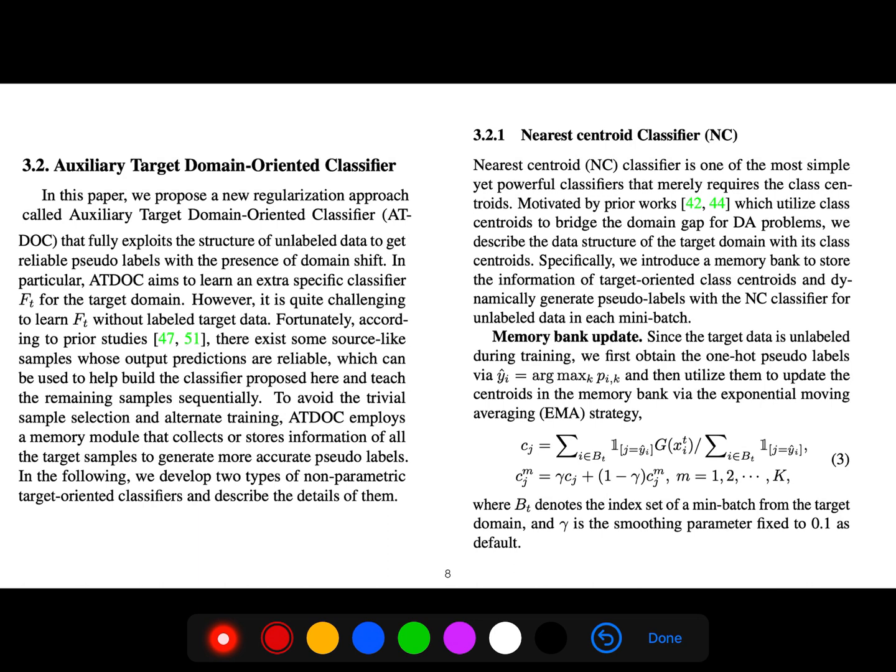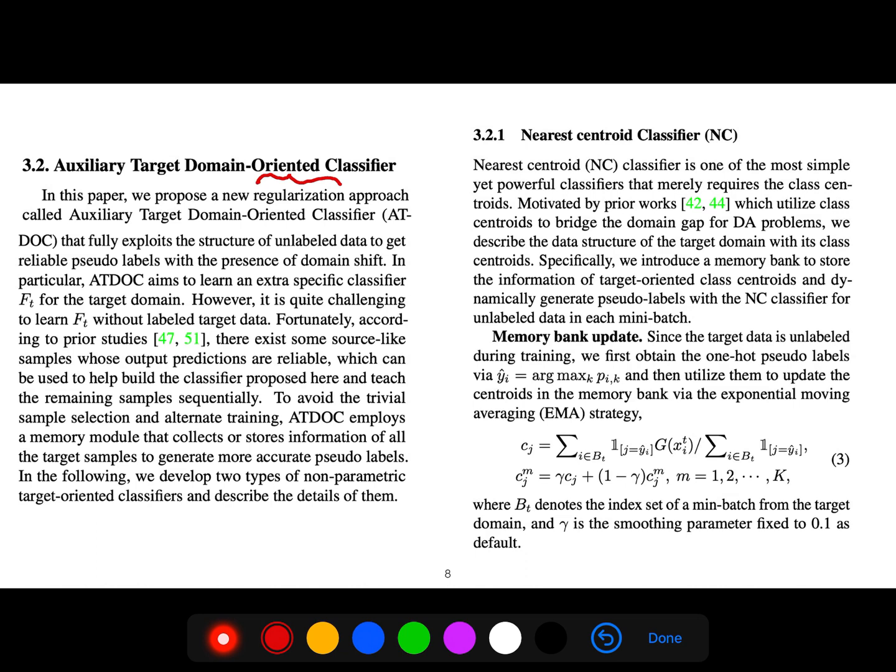They propose a new regularization approach, called ATDOC, that fully exploits the structure of unlabeled data to get reliable pseudo-labels in the presence of domain shift. It aims to learn an extra specific classifier for the target domain. However, it is quite challenging to learn F_t without labeled target data.